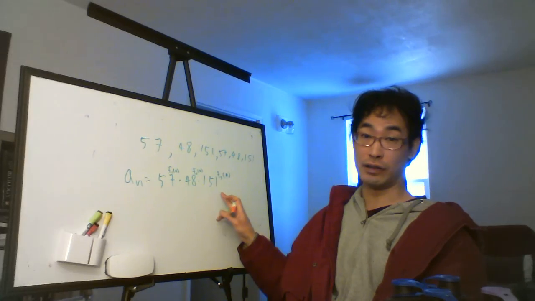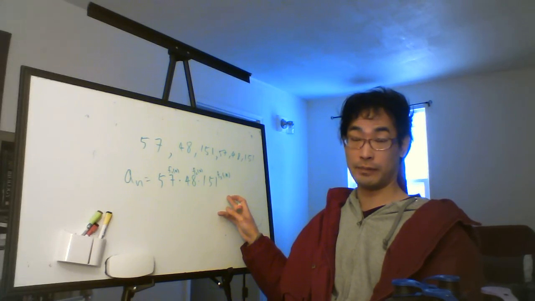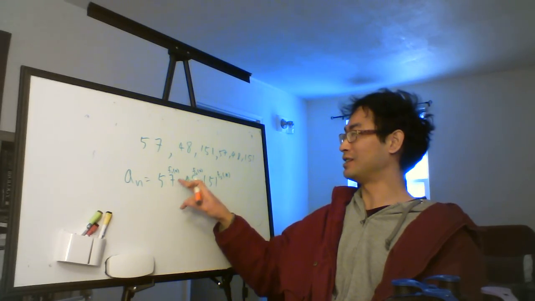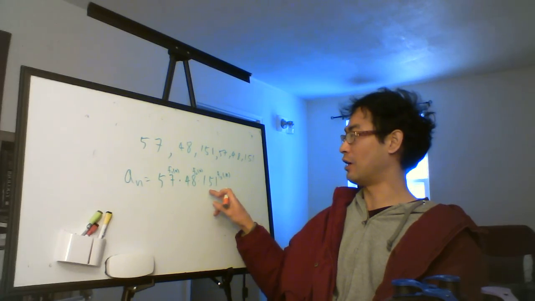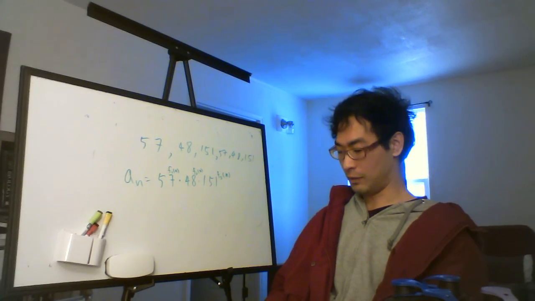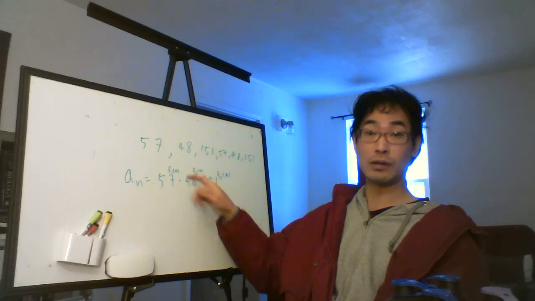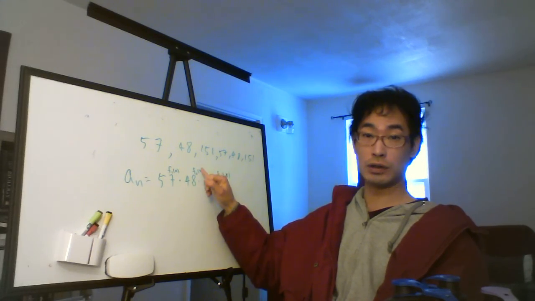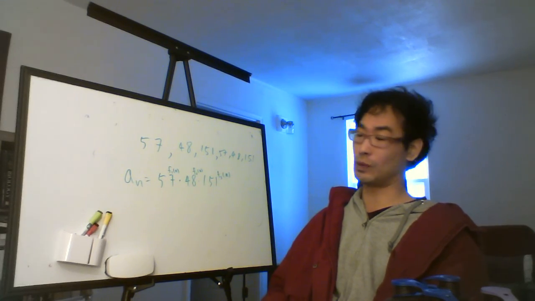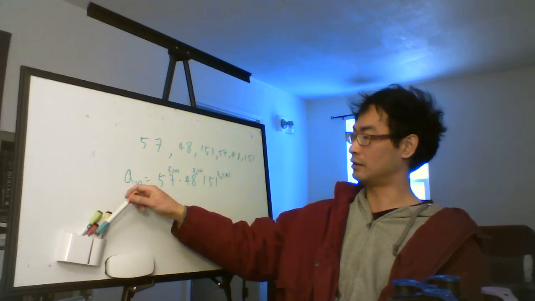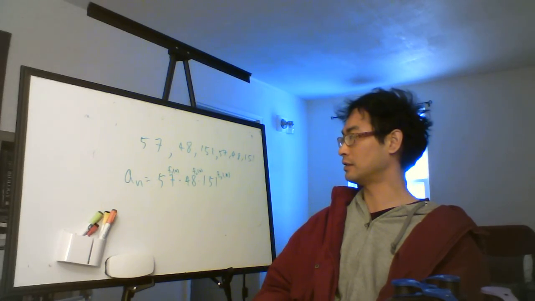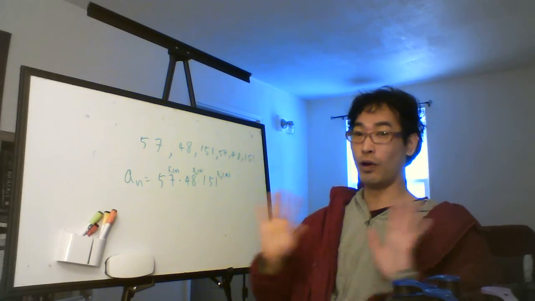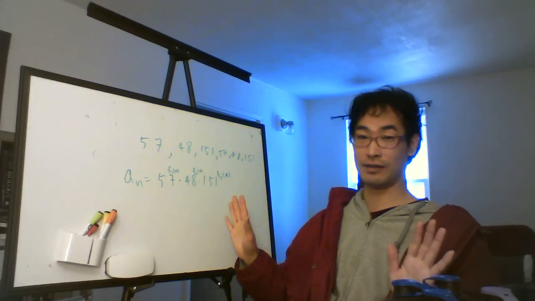But it's a Boolean function. It's either 0 or 1. So that's why it doesn't matter how many digits are under, because something to the zeros is 1, something to the first is that number itself. So that's why it doesn't really matter. No worries, our function is generic enough.